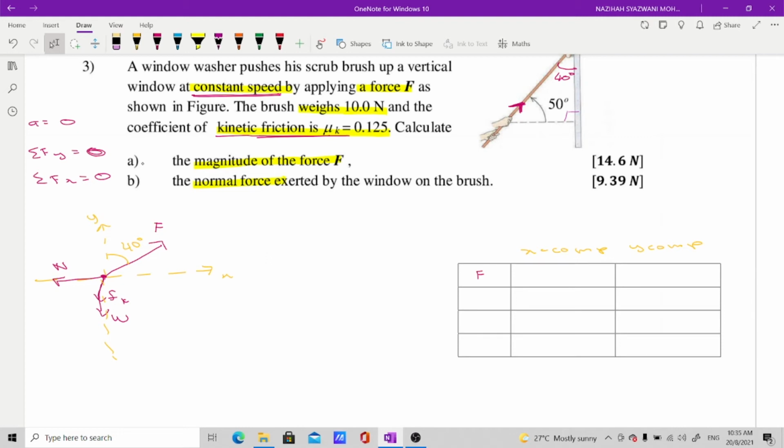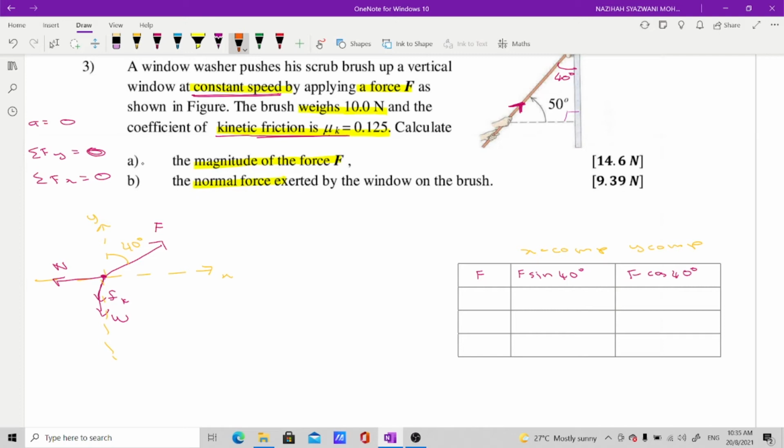The external force can be resolved into two components, which is F sine 40. So this one would be F cos 40. By this time, you should be able to resolve on your own, okay?